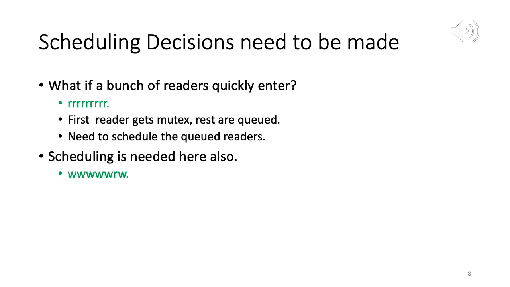So one thing you will note here is when we are talking about reader-writer synchronization or any other synchronization problem, the scheduling issue still remains. Because what happens is, you have one lock, right?